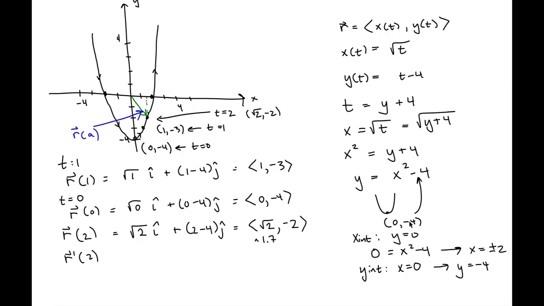Now let's find the derivative of our position vector at that point. To find the derivative of the position vector at that point, we have to evaluate the derivative of the position vector. So this is going to be the derivative of root t for the x component, t minus 4 for the y component, and this is going to be evaluated for the value t equals 2.